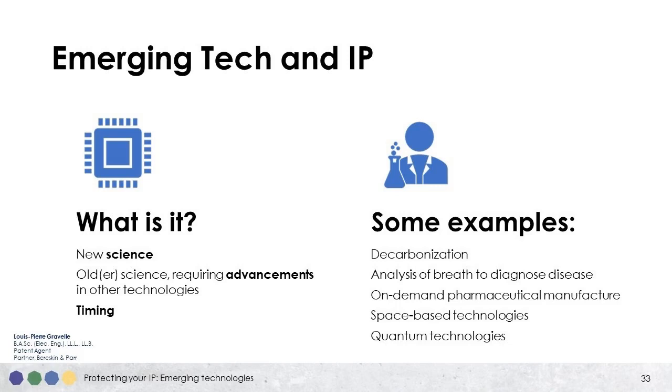In some cases, new science can be old or older science, but before it can become mainstream, so to speak, it requires advancements in other technologies. And I think a great example of this is artificial intelligence.